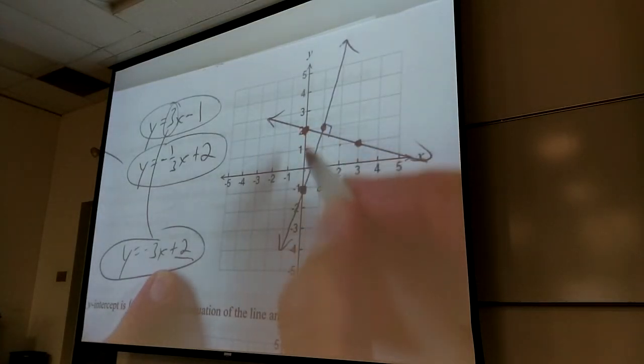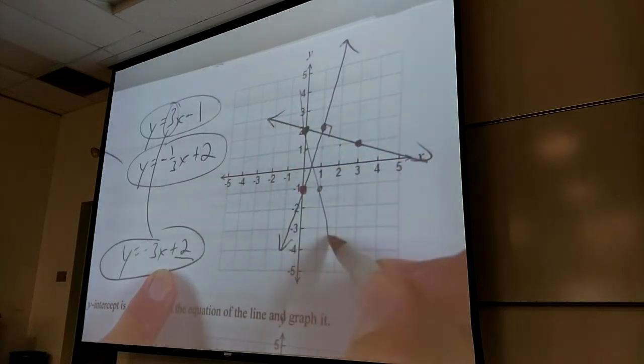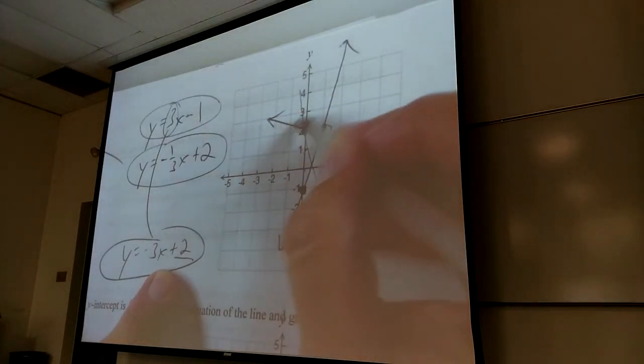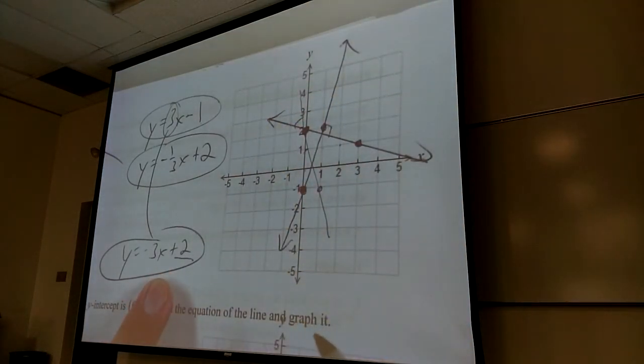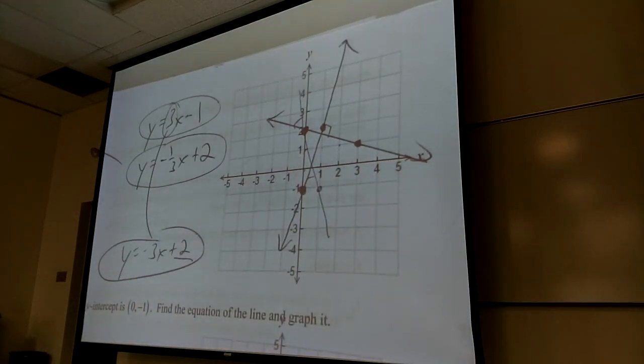Would that have been perpendicular? That doesn't look like a 90-degree angle, right? No. It's not perpendicular. That's why I like to say parallel lines have to be exactly the same, because perpendicular lines have to be completely opposite. And how many opposites do we know? Change the sign, flip it. You do both. I love it.